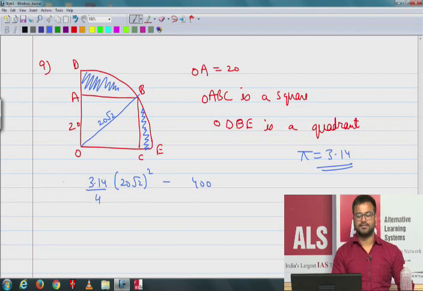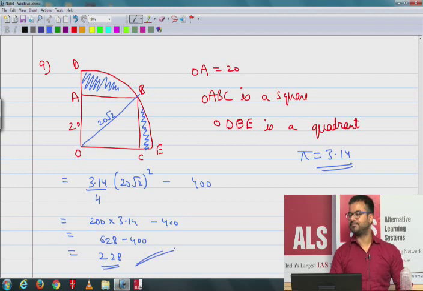That is the answer. Area of quadrant minus area of square. So that will be 400 into 2, so 200 into 3.14 minus 400. That will be 628 minus 400. That will be 228. That is the answer.